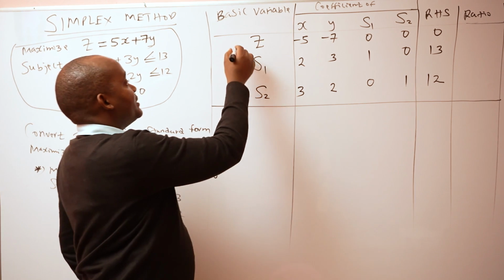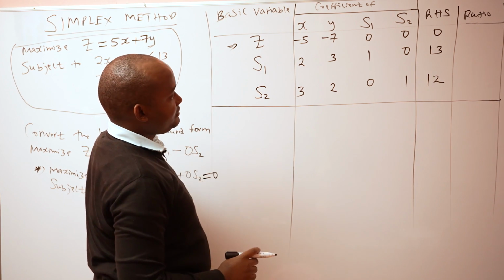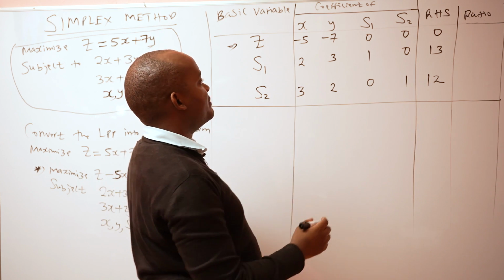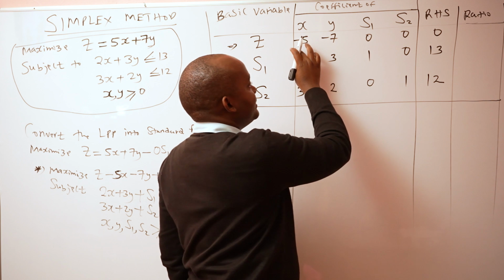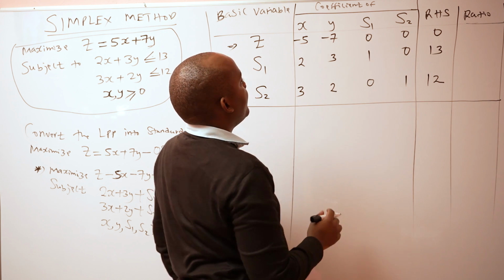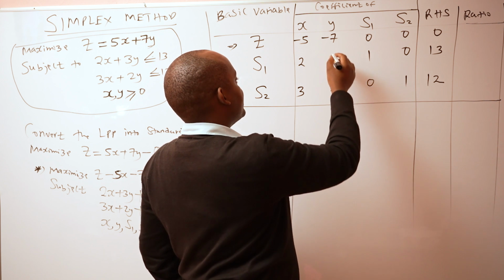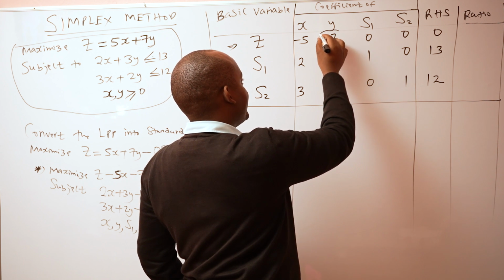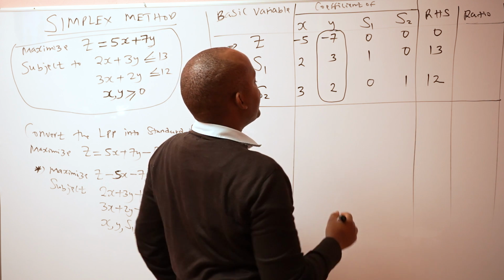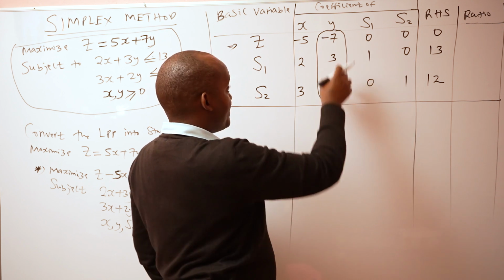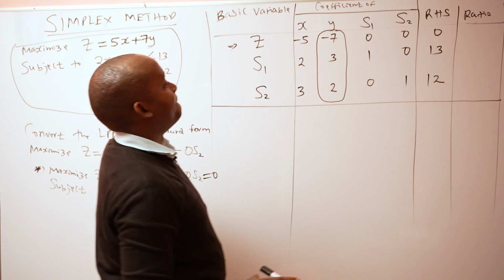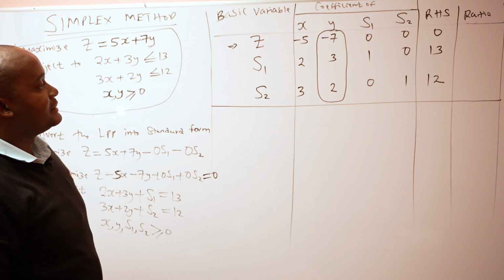So you go back to your objective here, which is Z, and in the Z row you identify the most negative value among these coefficients. By the look of it, you will observe that -7 is the most negative value. And now this becomes our pivotal column. That is, members in this particular column will be the pivotal column members.